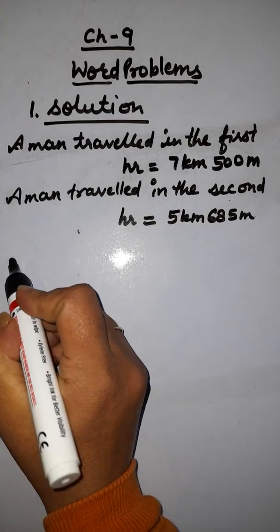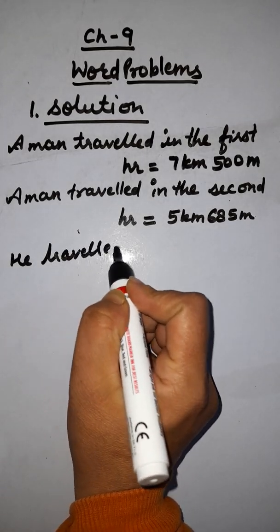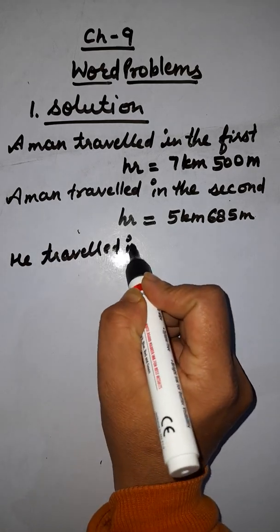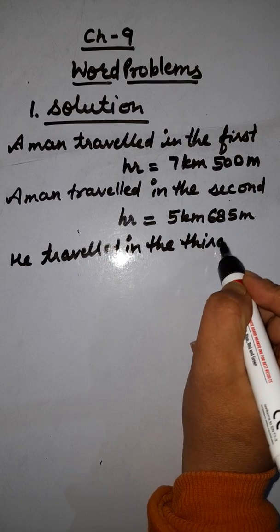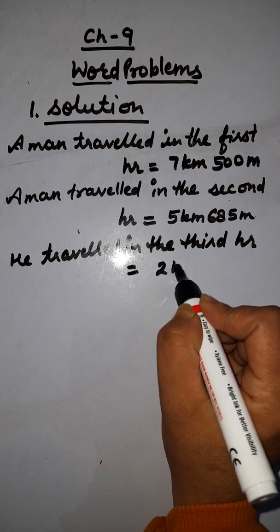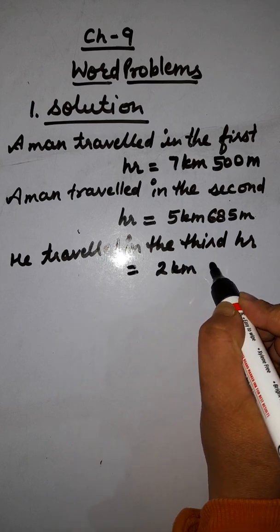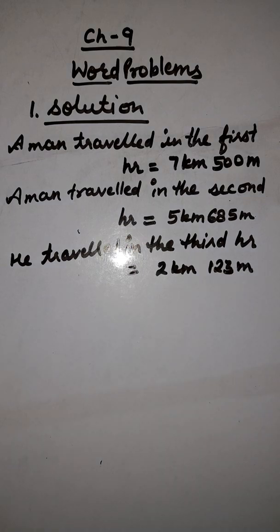Okay, he traveled in the third hour is equal to 2 kilometer 123 meter. Right.